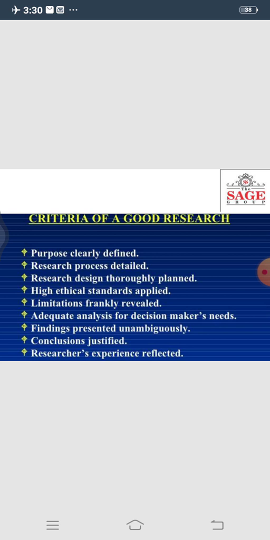High ethical standards should be applied. Why? Because our human discretion should not be a part of it. For example, in political research, suppose some researcher is doing research about people's inclination towards political party A, but the researcher belongs to political party B. Whenever he is conducting a survey, trying to understand the psyche of people, his inclination should not meddle with their answers.